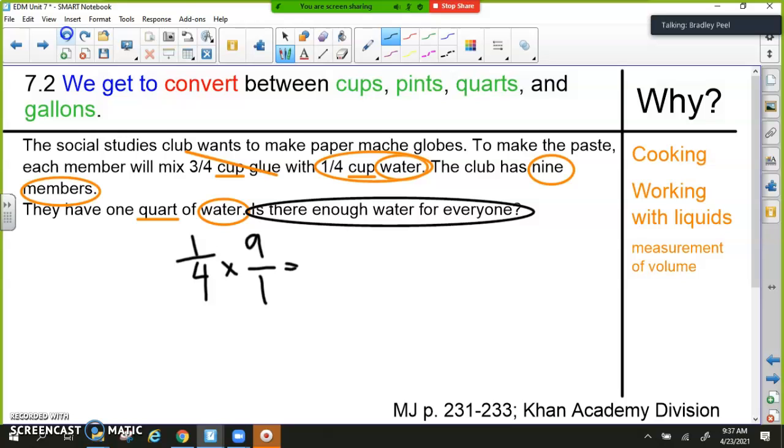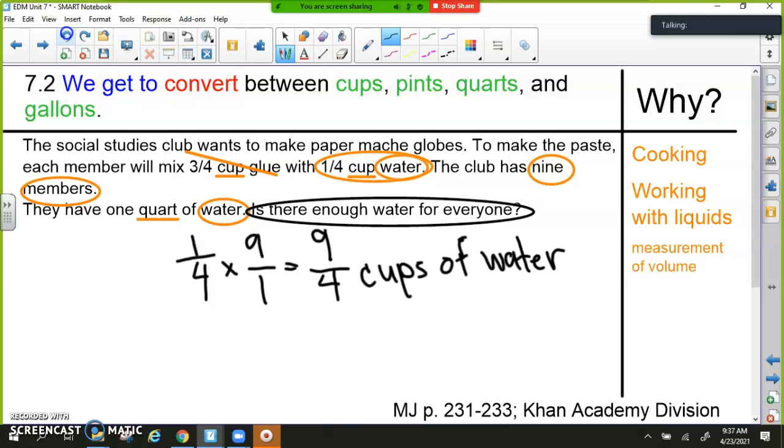That's right. So 9 times 1 is 9, and 4 times 1 is 4. We do multiply the denominators. I'm sorry, it's addition. We don't add the denominators. So at this point, we have 9/4 cups of water. Is everybody okay with how I found that out?